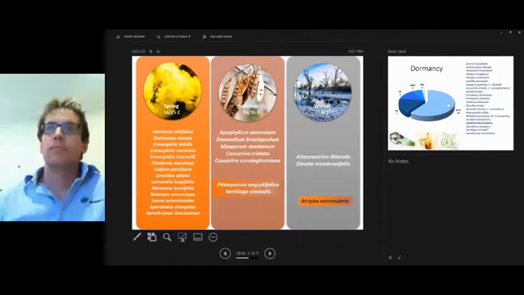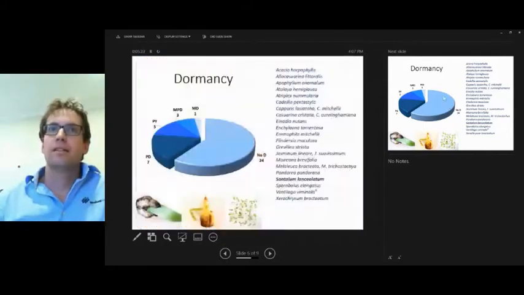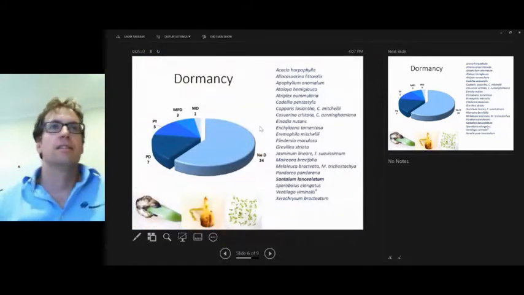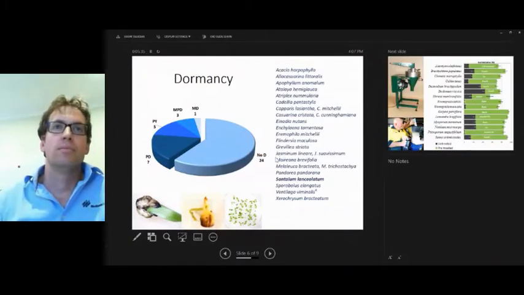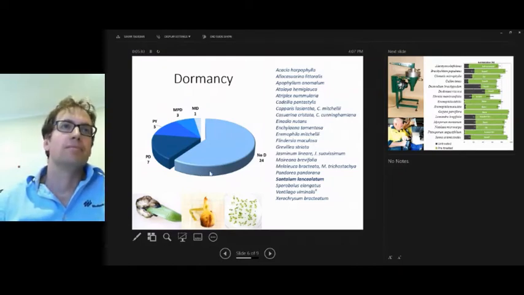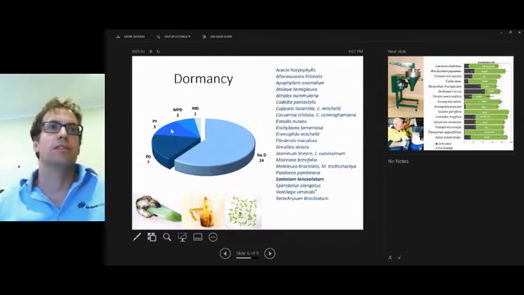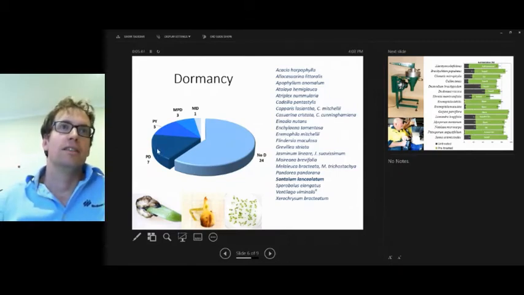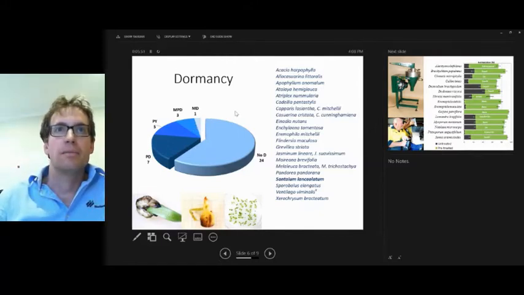And then from the list of species, we identified that 24 of them had no dormancy issues. 5 had physical dormancy, 7 had physiological, 3 had morphophysiological, and 1 other.